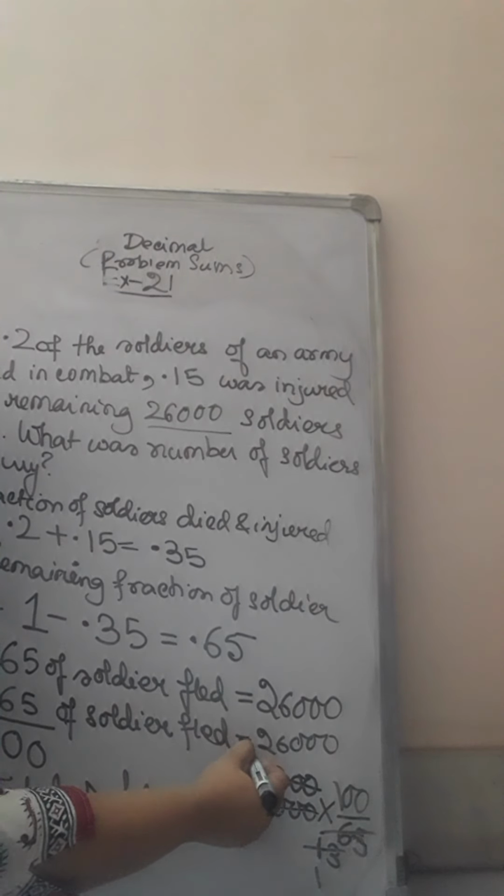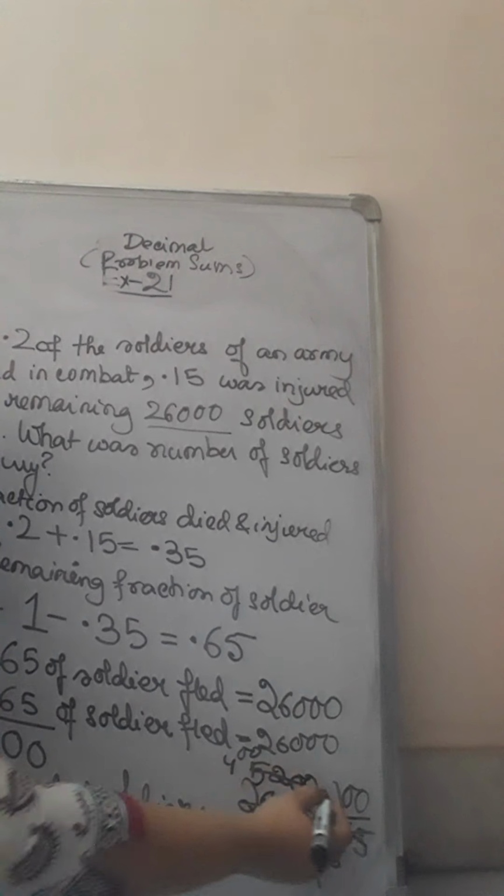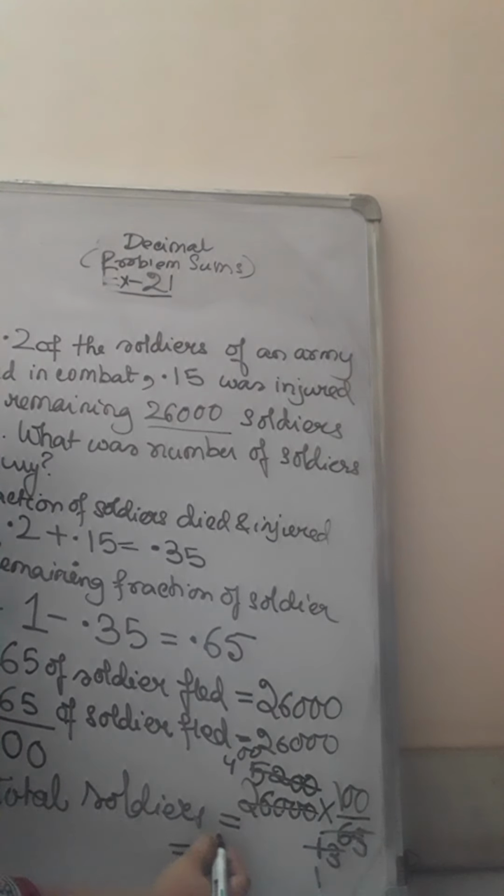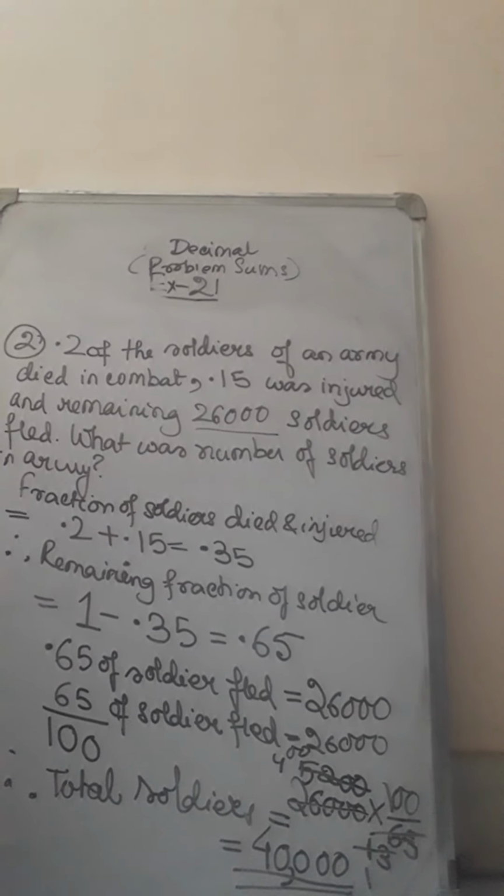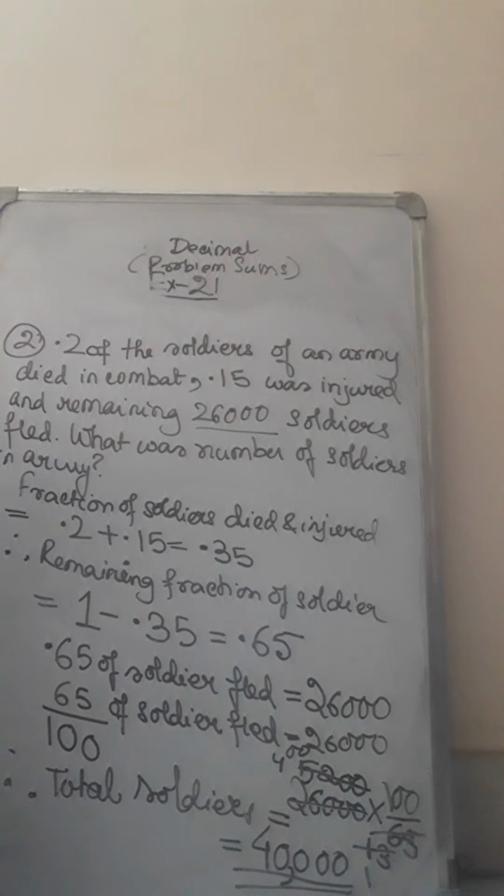And 2 more zeros. So now 400 into 100 means 40,000. That means 40,000 soldiers were present before in the total army. The total army consisted of 40,000 soldiers, you will write in the answer.